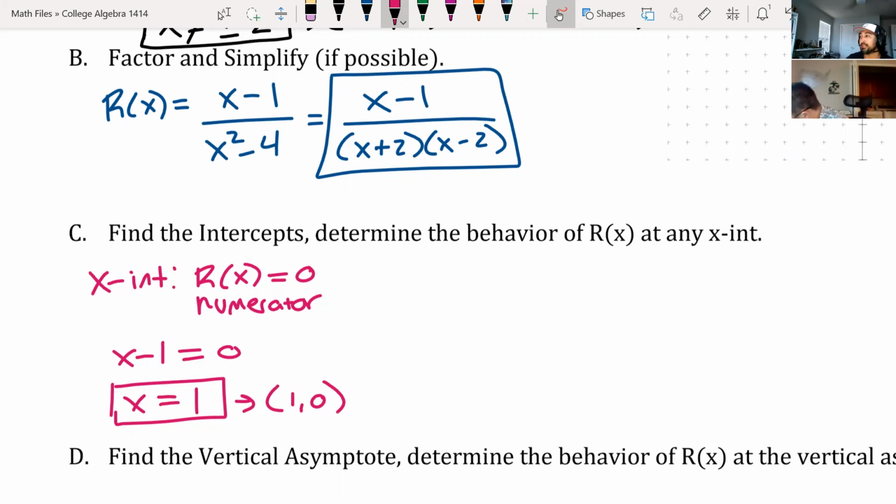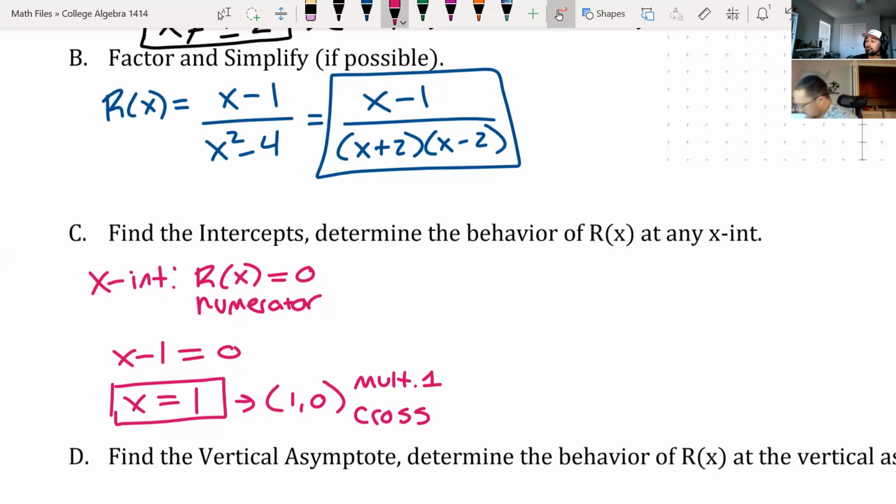So we look at the multiplicity and we determine whether it will cross or touch the x-axis. So this x minus 1 has a multiplicity of... well, how many times does it show up? Oh, 1. So this has a multiplicity of 1, which means when we graph it at this x-intercept, we will cross. That's the behavior.